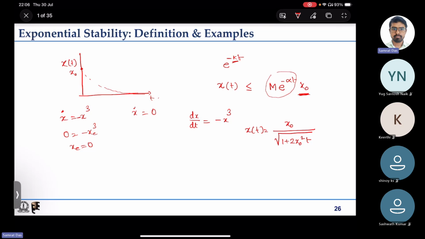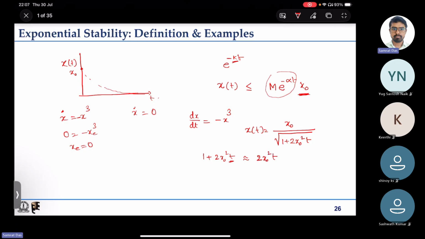So what is this? You can see that if t is very high, then 1 plus 2x0 square into t can be approximated as only 2x0 square into t.